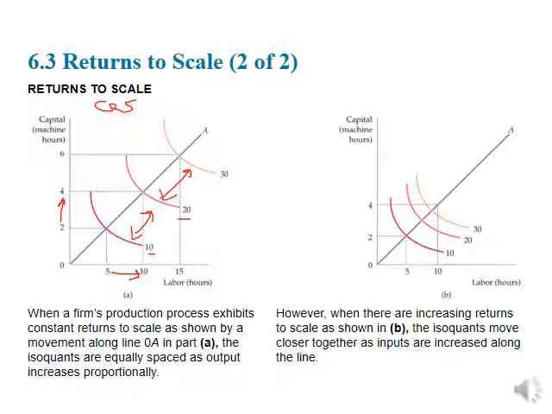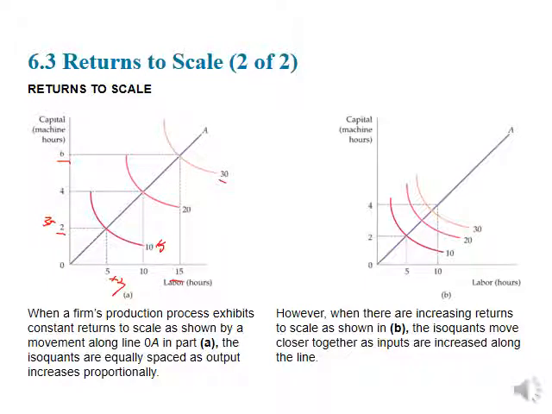Similarly, starting from our initial isoquant of 10 units to get to 30, so to increase our output 3 times, our input needs to increase 3 times. 5 times 3 is 15. 2 times 3 is 6. 10 times 3 is 30.